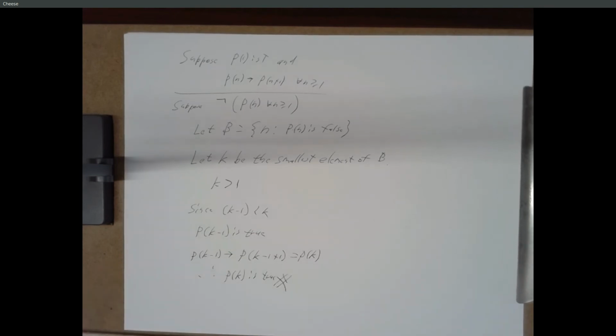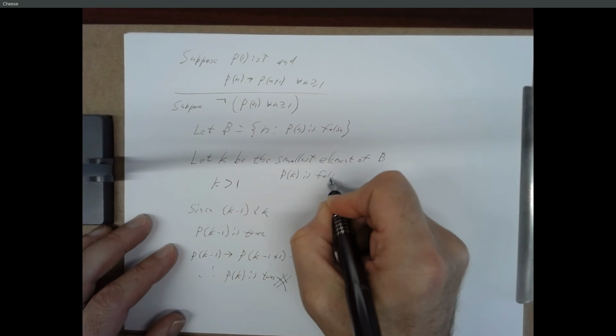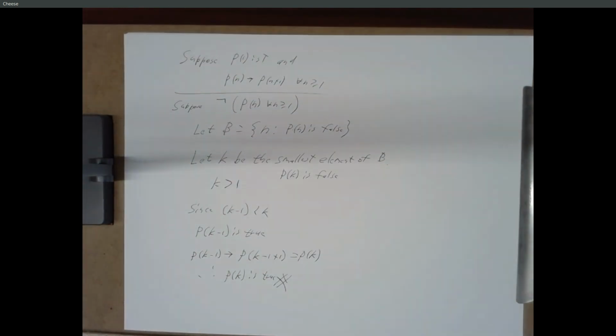And that's a contradiction. So I should have noted up here P of K is false, because K comes from the bad set B.